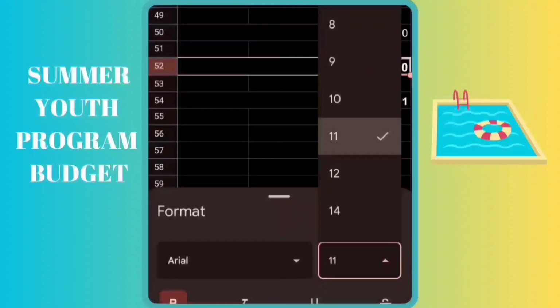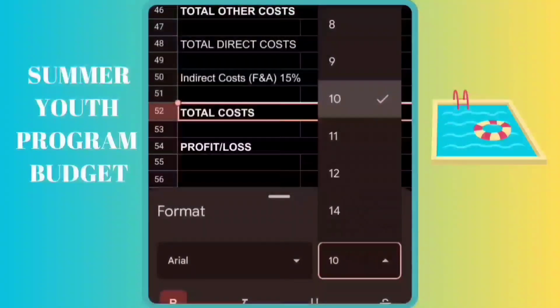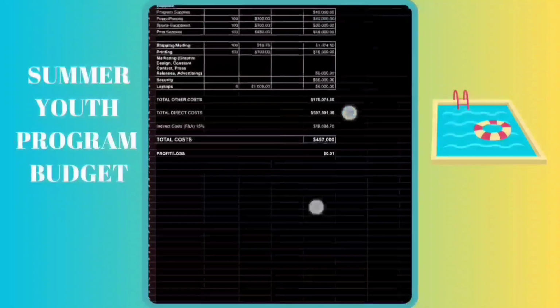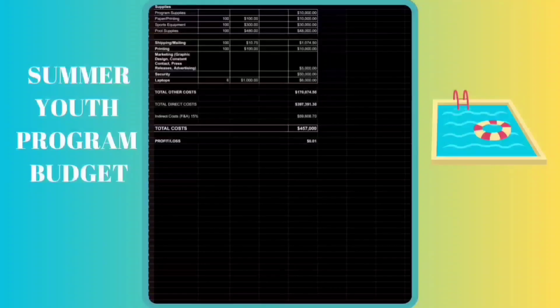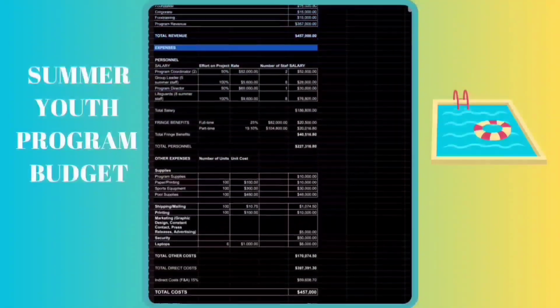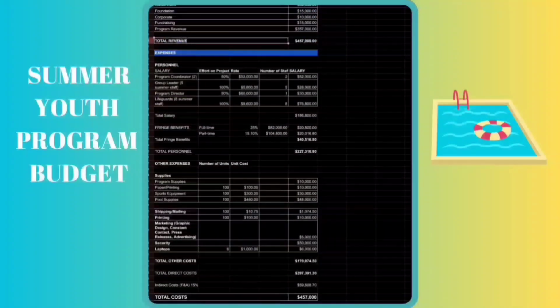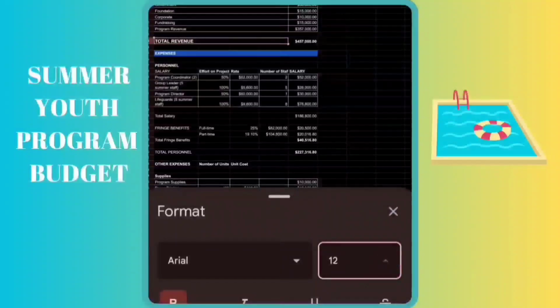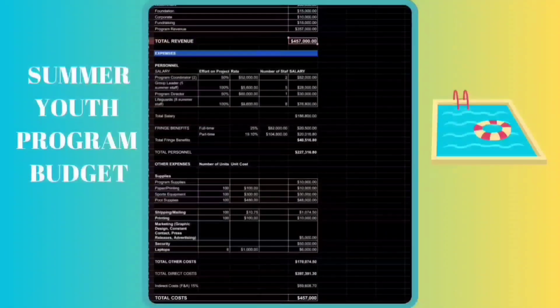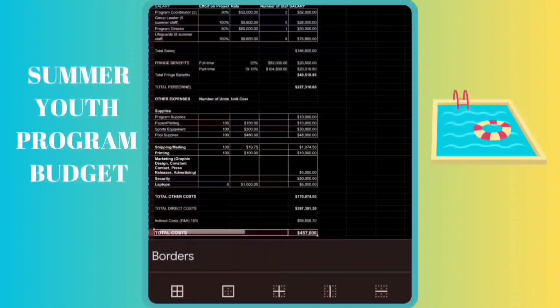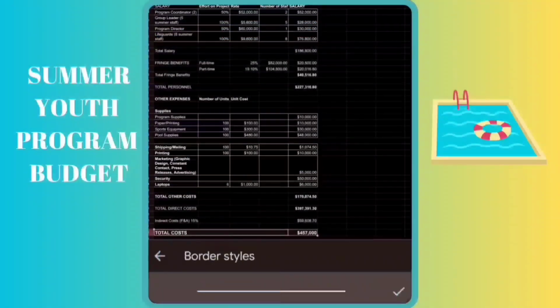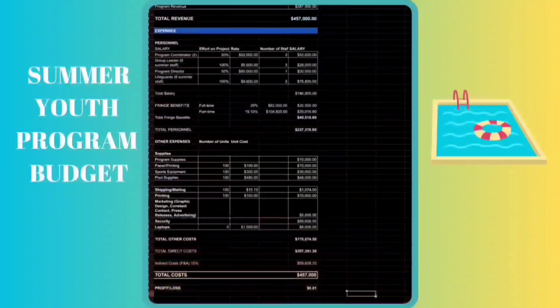Change the number of decimal points. Sometimes when you're finished with your budget, you may actually take out all the decimal points. It may help you when you're doing calculations to look at them, but generally when you submit a budget to a funder or have an internal budget, you're not necessarily going to show all of the decimal places, so you could potentially take it out.